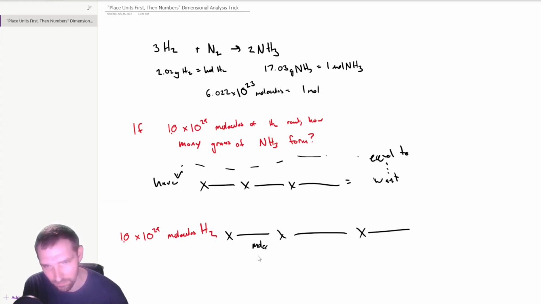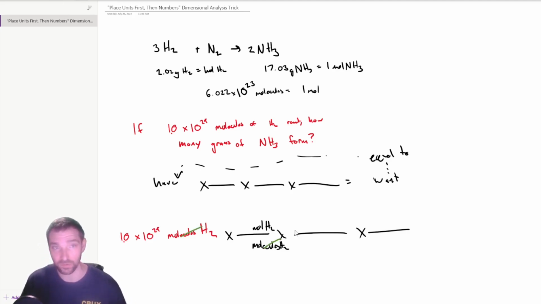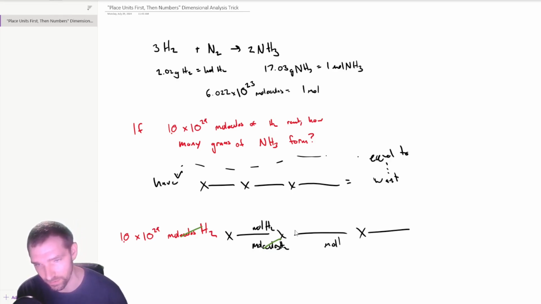Like molecules H2, and that's going to then go to moles of H2. We'll get the numbers that go next to those down, but we just need to get the units first. And that will ultimately let us cancel out and leave us with moles of H2. And then there might be another ratio here where you're going from moles of H2 down to moles of NH3.